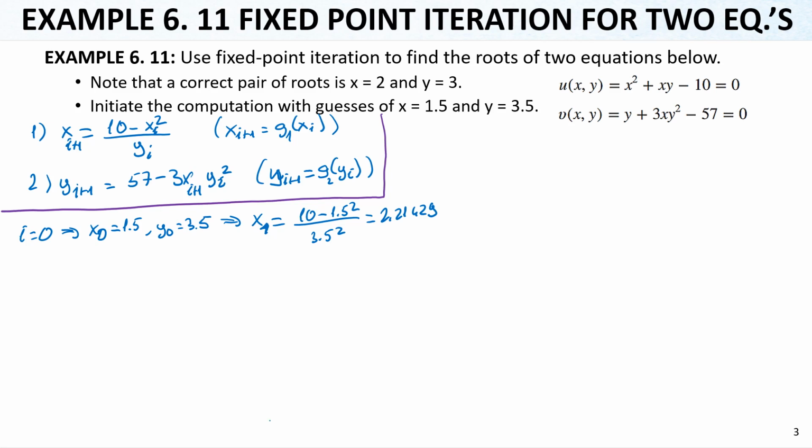So then we use the second equation: y1 is equivalent to 57 minus 3, now x_{i+1} is 2.21429, times y_i, which is y0, 3.5, squared.